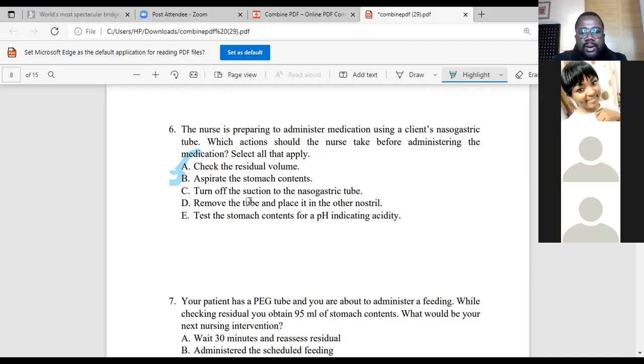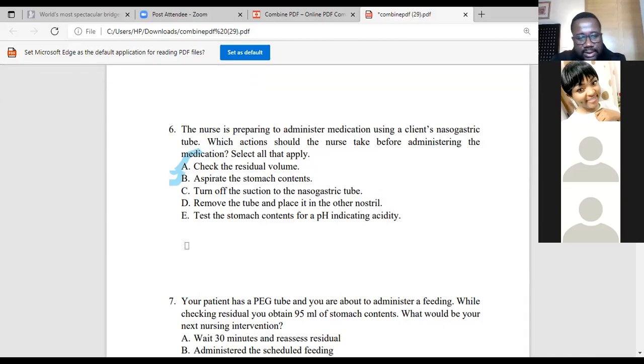Turn off the suction to the nasogastric tube. I did not show you, there are some tubes that come... Let's put C and D, I'll explain later. Test the stomach content for pH. Of course, that is correct. C is fine.